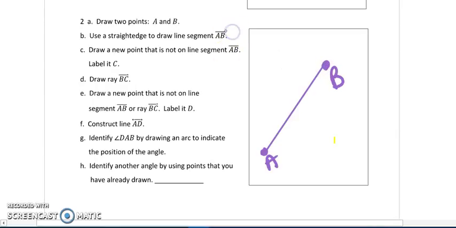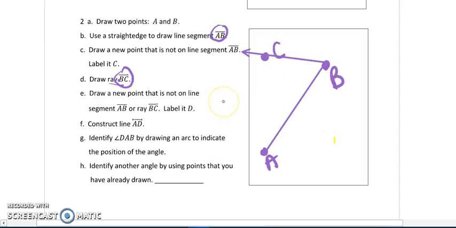Again, I can tell from this label that I'm going to start at A and end at B. Then it says to do a new point that's not on line segment AB and call it C. So let's put C up here for a change. Then it says to make a ray starting at B and passing through C. Since it's a ray, I have to start at B and pass through C.